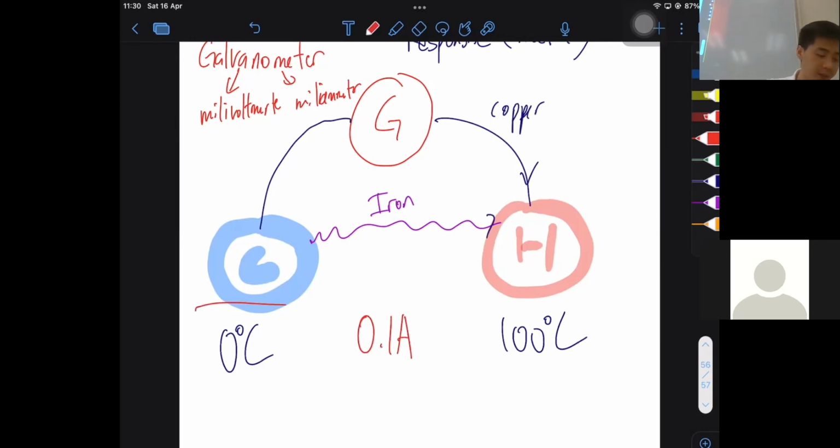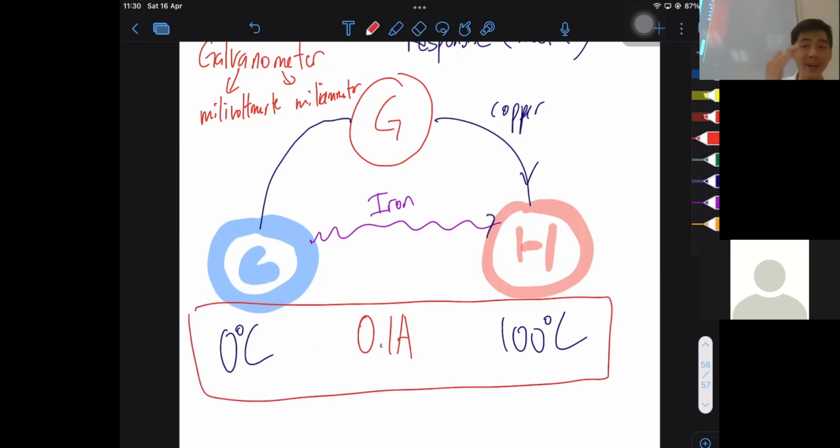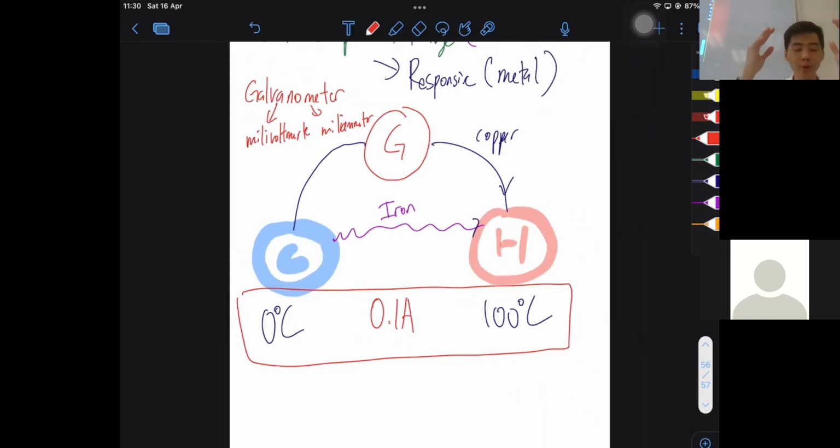From here, this is going to be your baseline, guys. Your baseline understanding is that every 100 degrees Celsius change in temperature, the galvanometer will read 0.1 amperes. It doesn't necessarily have to be 0.1, but for now, let's say it's 0.1. Usually the question will give you all this information.